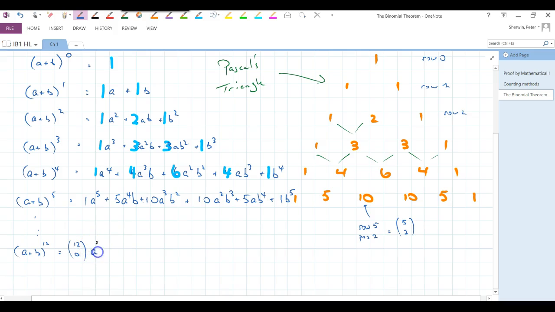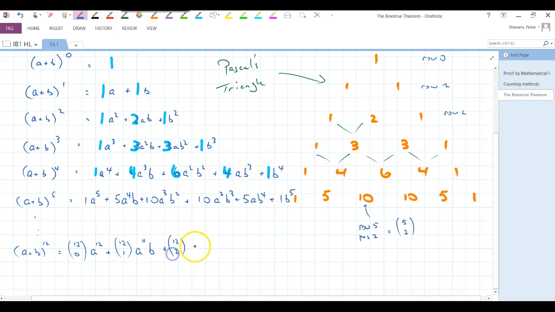We start with a to the power of 12. Now our second term will be 12C1, so 12C1 is going to be in this position. So the coefficients along the 12th row of Pascal's triangle are going to be 12C0, 12C1, 12C2, 12C3, 12C4, all the way to 12C12. So there are 13 coefficients, 13 terms, and our powers of a reduce and our powers of b increase.